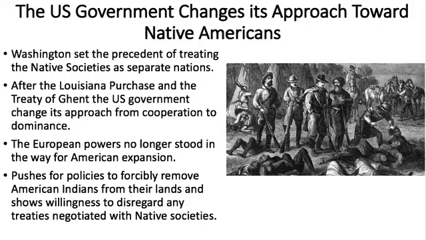We talked that Washington tried to set a precedent in treating the Native societies as separate nations, tried to have diplomacy, negotiating with them, treating them as another country, much like when they were dealing with Spain or France.